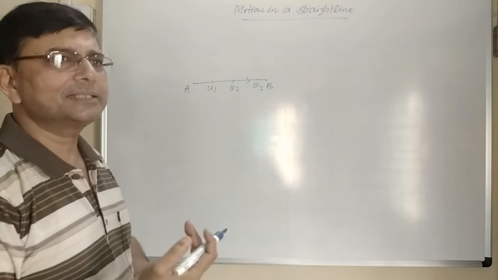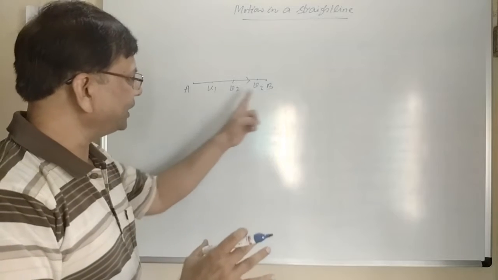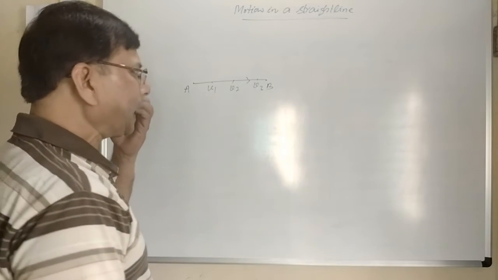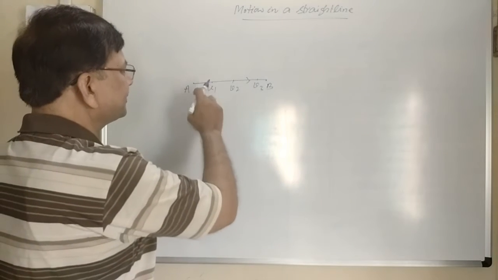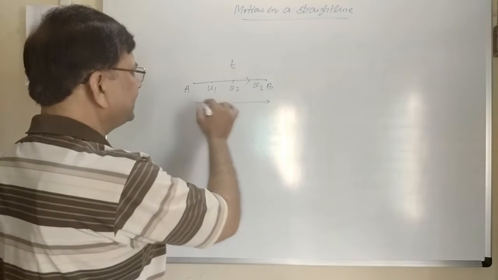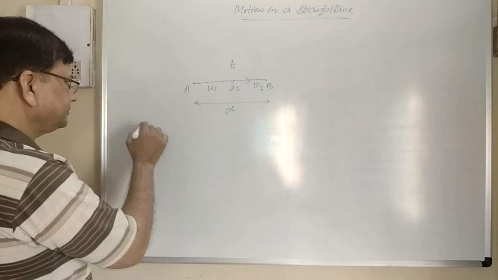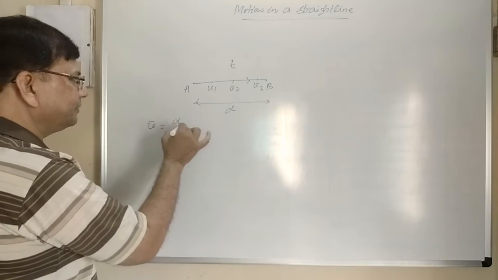This implies that if the object moves from A to B with a constant velocity, it will take the same time. So suppose from A to B it takes time t and displacement is d. The average velocity V bar is d by t.